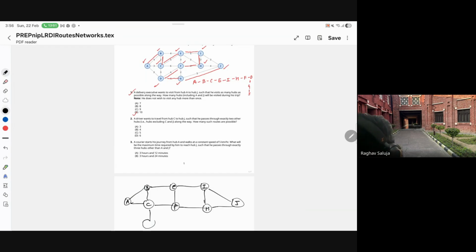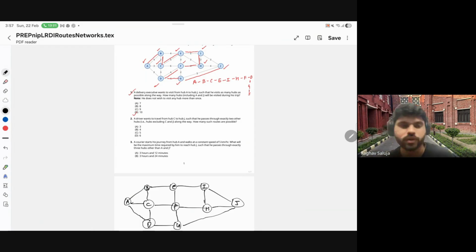Okay, C is connected to D. A is connected to D. D is connected to G. G is connected to J. I think I've traced it.